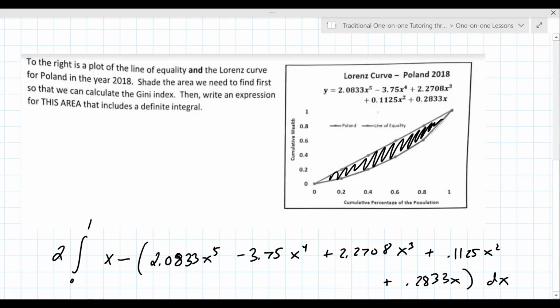And it's 2 times that. Is that 0.1125 x squared? It's this equation up here. Oh, okay. Never mind.